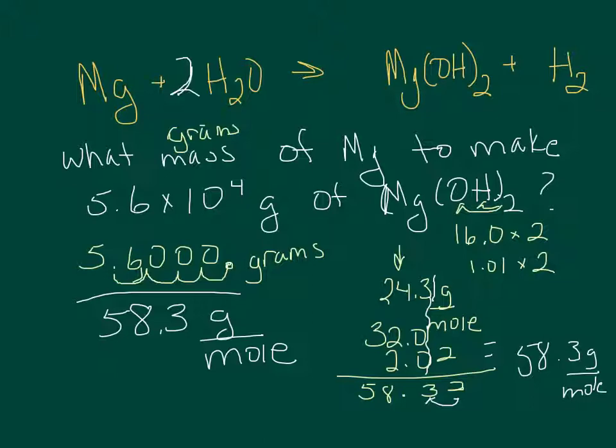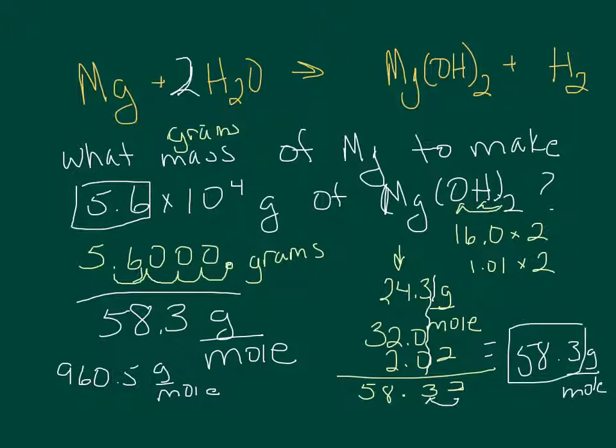Okay, using a calculator, that gives us 960.5. Now going back to significant digits, this original number had 2, and then my AMU had 3, so I'm going to use 2 because that's my multiplying dividing rules. So I'm going to round it off to the first 2 significant digits.